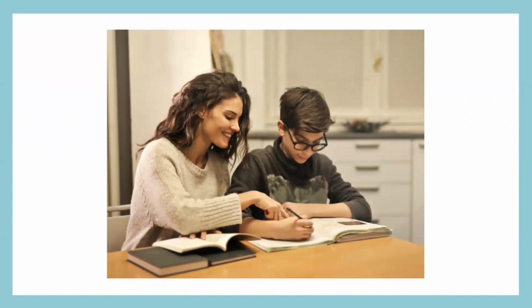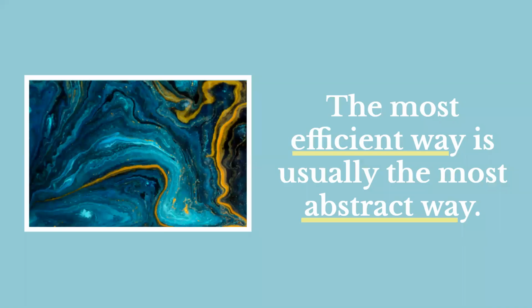And again, I get it. Why would we do something that takes longer than it needs to? The reason is that going straight to solving problems in the most efficient way is usually the most abstract way. And if we go immediately into the abstract, it's like cutting their learning off at the knees.